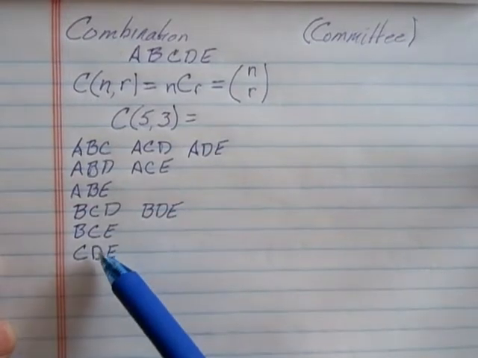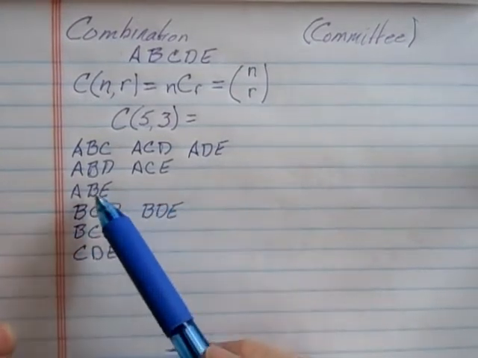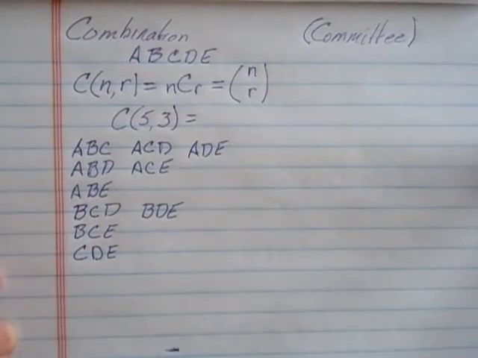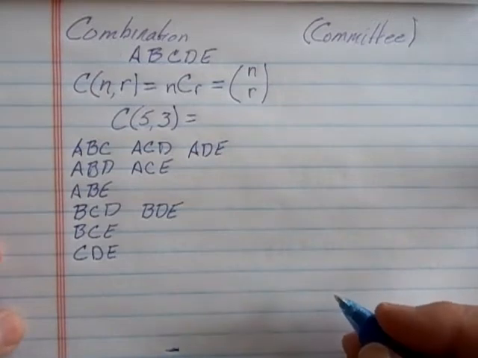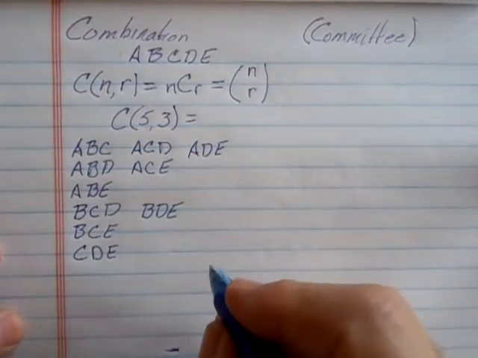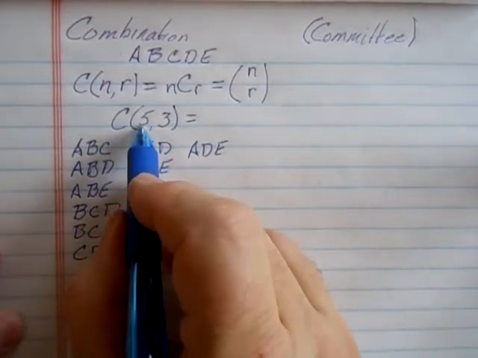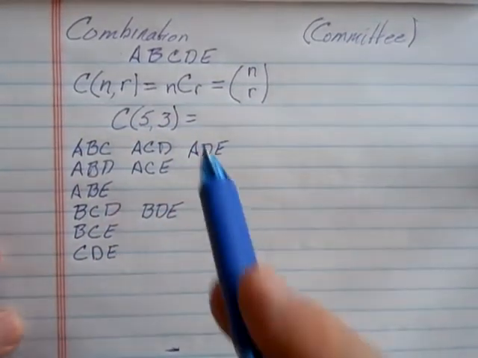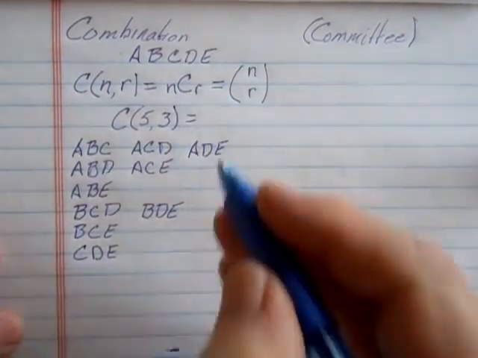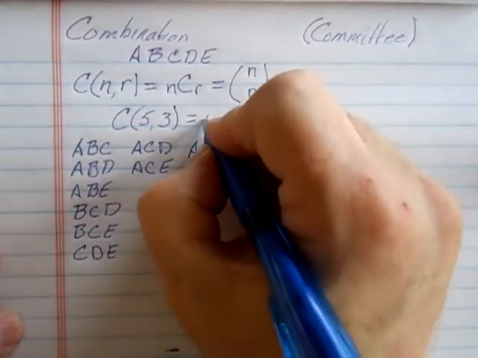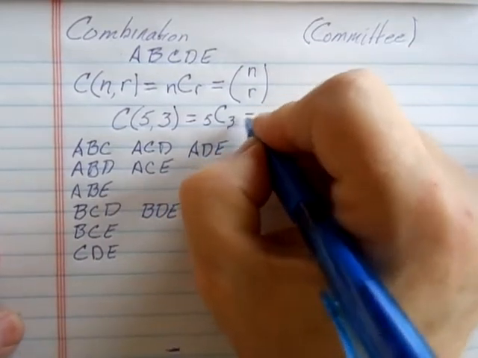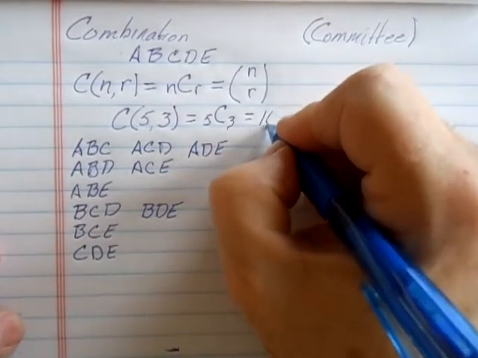Let's count them all together. 1, 2, 3, 4, 5, 6, 7, 8, 9, 10. There's 10 of them that are there. So what we have shown is that out of 5, we're going to choose committees of 3. 5 choose 3 would be another way of writing that. 5 choose 3 is going to be equal to 10.